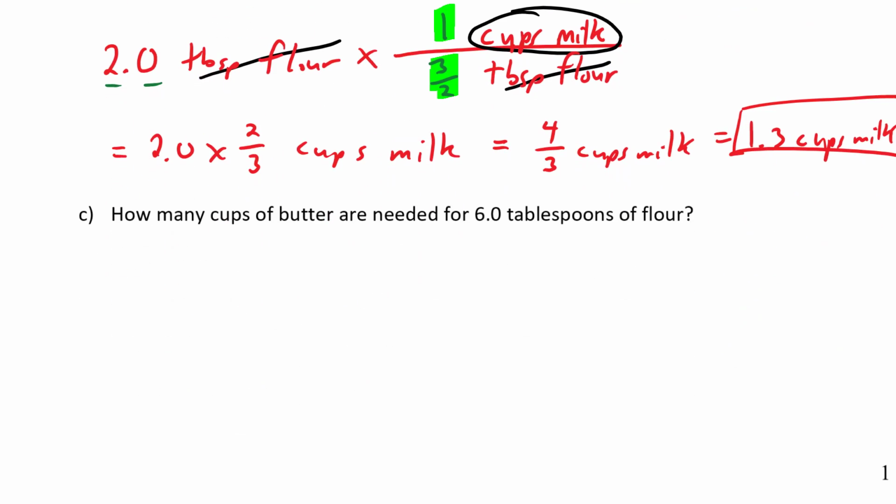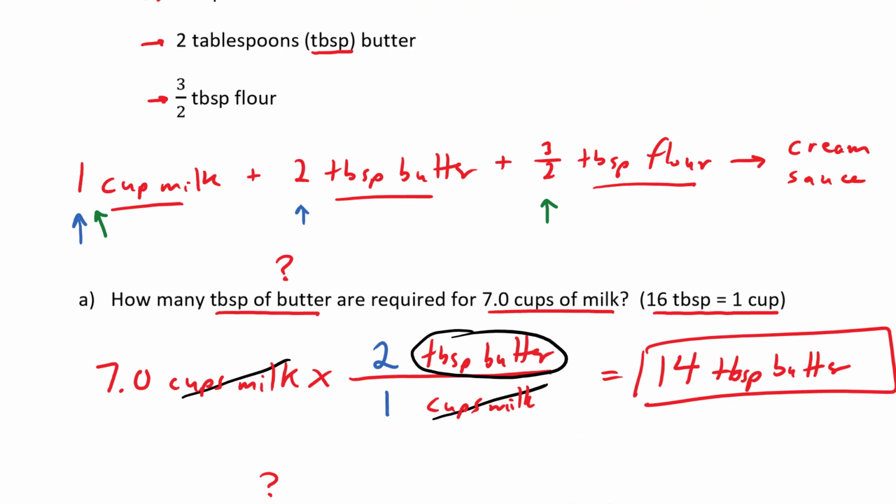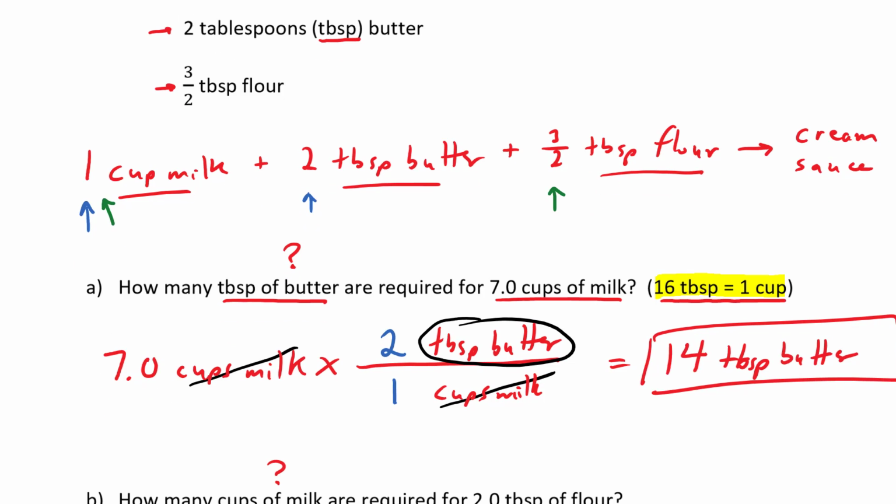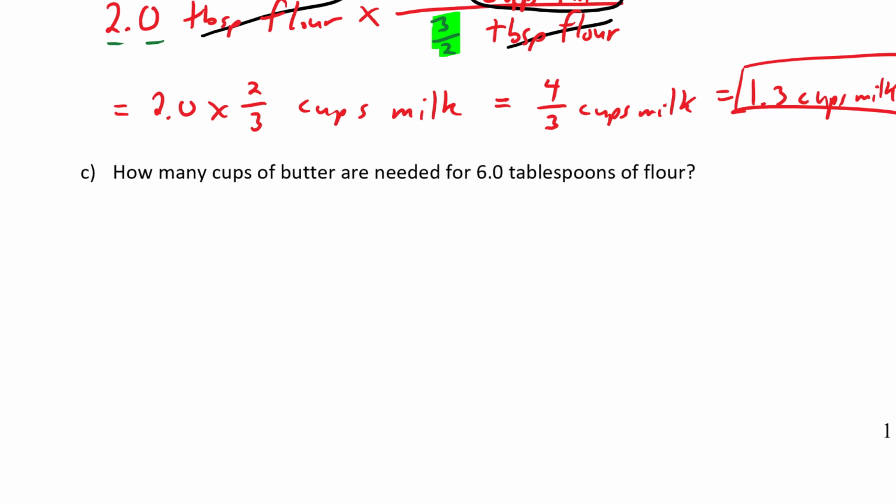Let's try C now. How many cups of butter are needed for 6 tablespoons of flour? Here I have tablespoons of flour and cups of butter. But notice, butter is given in tablespoons. So that's where this comes into play. 16 tablespoons is 1 cup. What's our plan going to be?